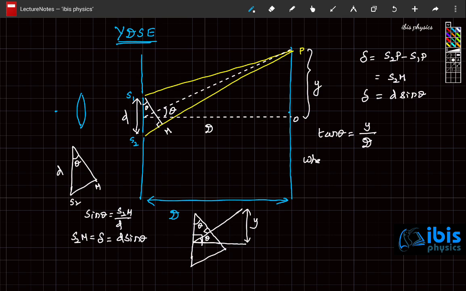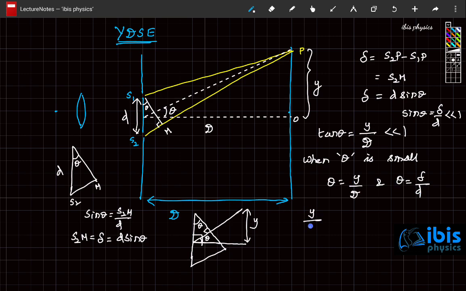When theta is small, y by D is far less than 1, and again here, based on sine theta equal to delta by d, that is also far less than 1. In those two cases, theta equals y by D and theta equals delta by small d.